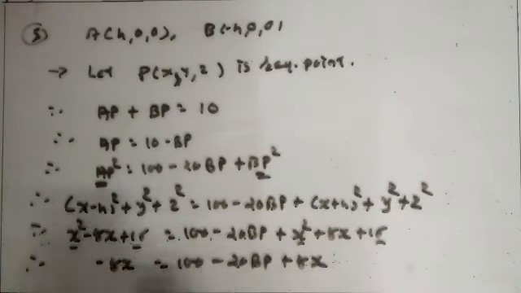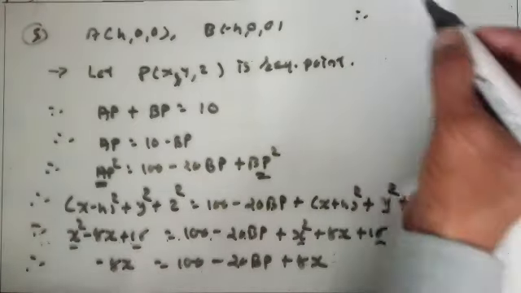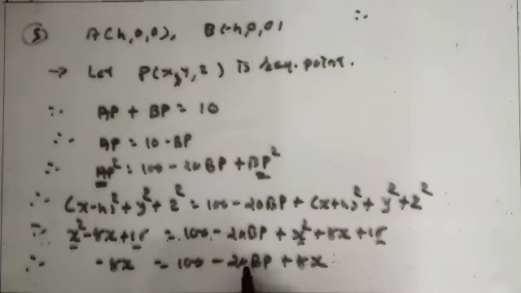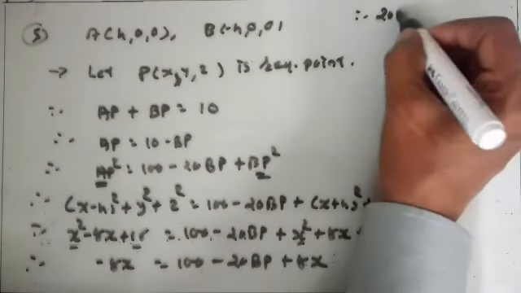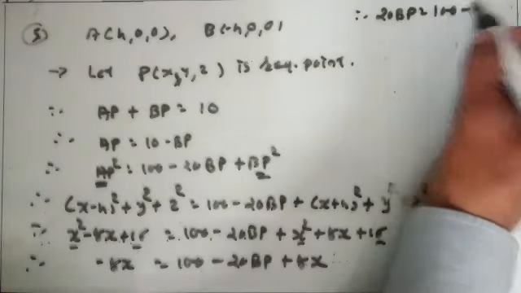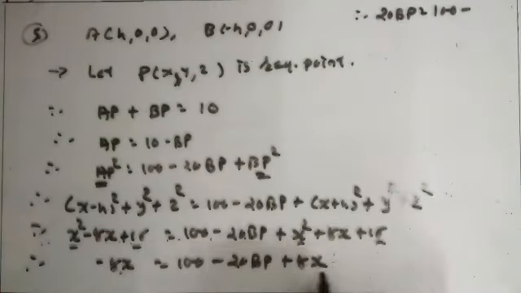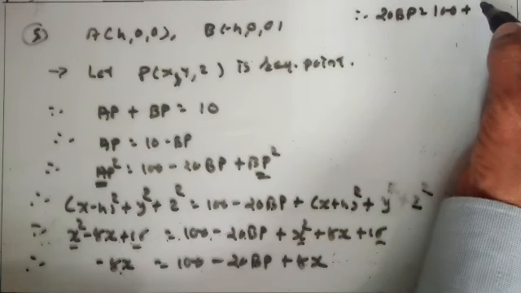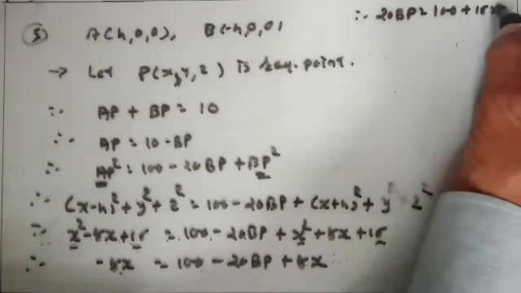Now take 20 BP to this side, 8x to the other side. So here we get 20 BP is equal to 100 plus 8x plus 8x, which becomes 16x.